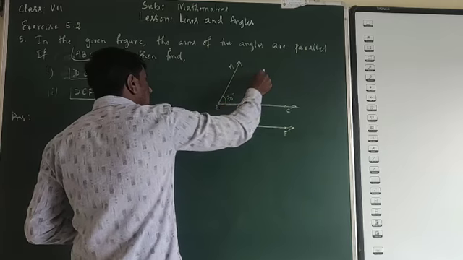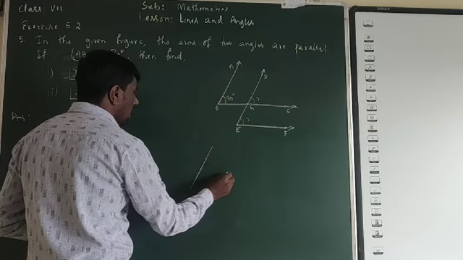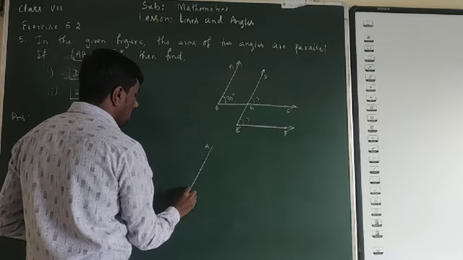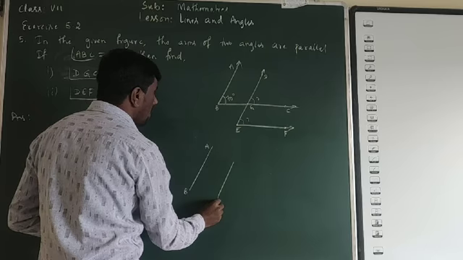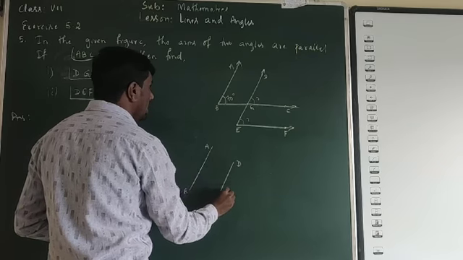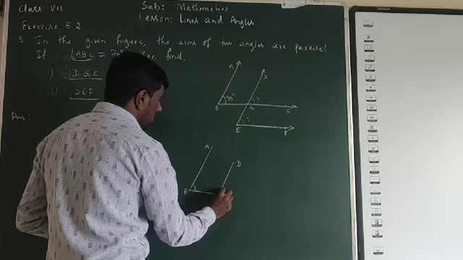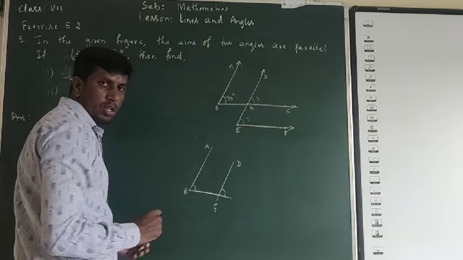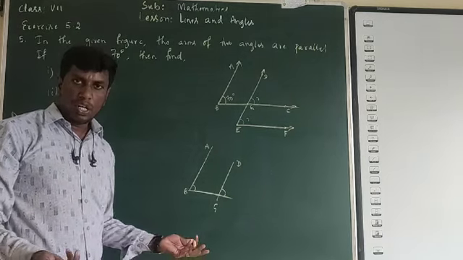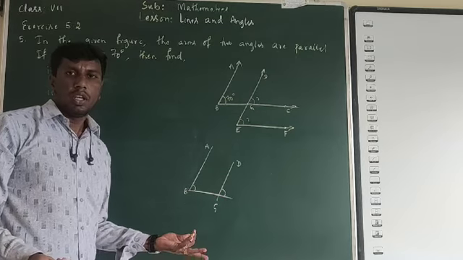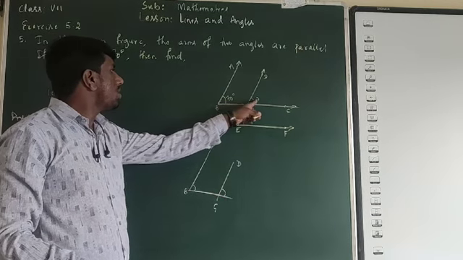Look at this. This is AB, and this is GD. So this is the transversal line. These two angles are corresponding angles. That means these two angles must be equal. So therefore, this is also 70.